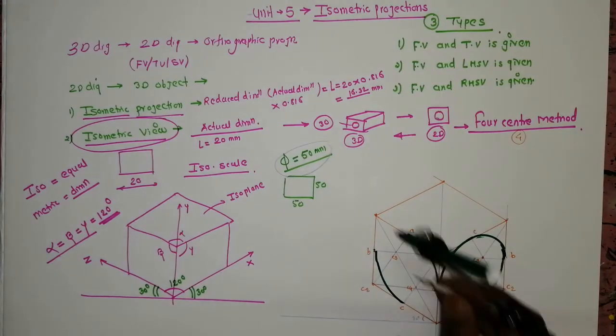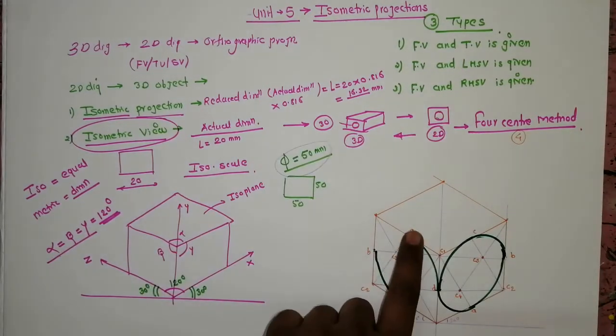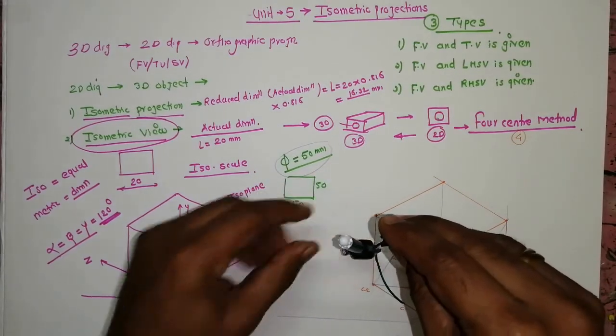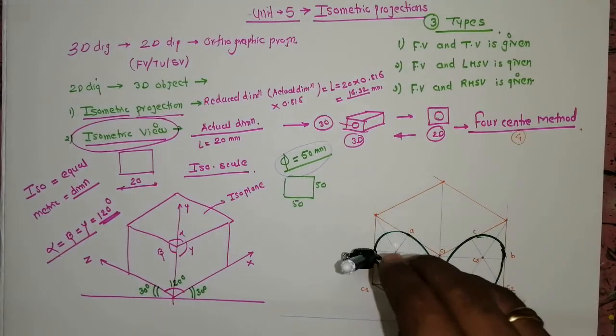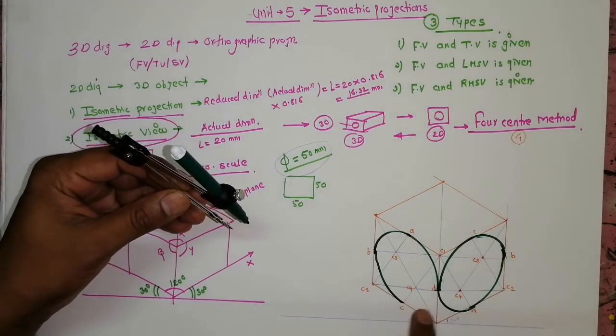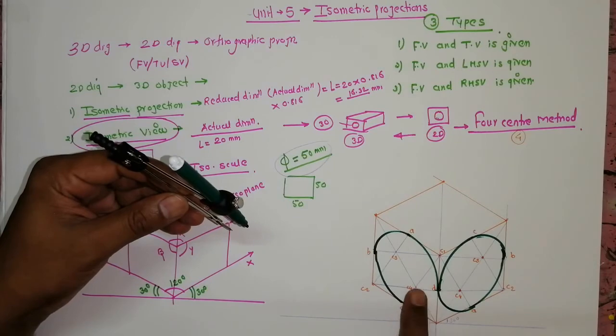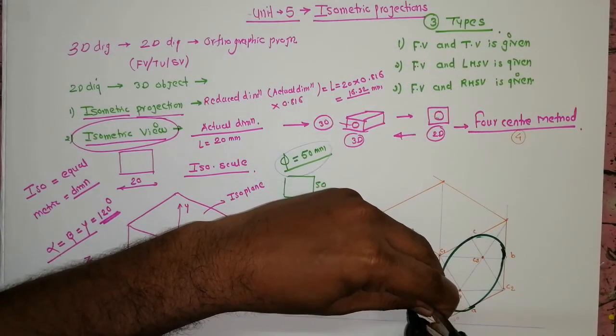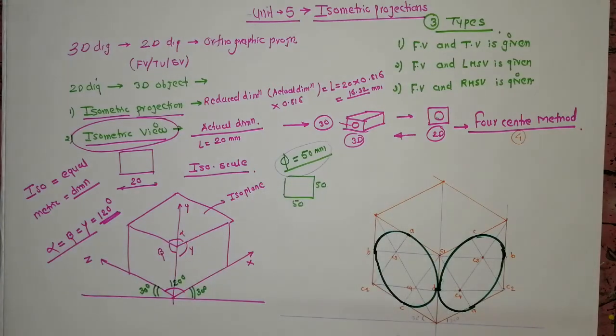Now C3 center arc between A and B, so radius A or B. And from C4 arc between C and D, radius is C4C or C4D. So we have constructed here the 50 diameter circle, which appears as an ellipse in the isometric plane.